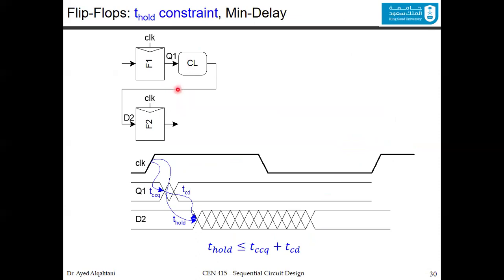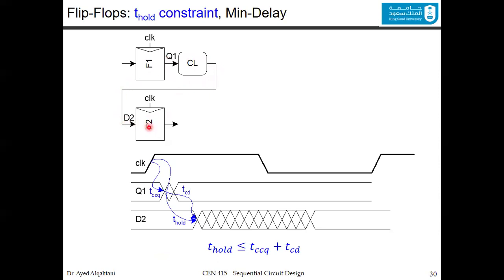There is actually a fight going from this flip-flop to this flip-flop. If this flip-flop wants to hold a value in it, it's working on this value and trying to store it inside F2. So there is a holding time that happens inside this flip-flop, and at the same time, there is another time that I need to worry about, which is the passing time from the flip-flop until you reach here.